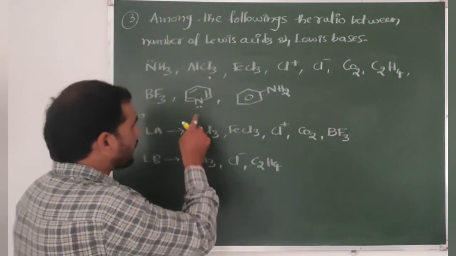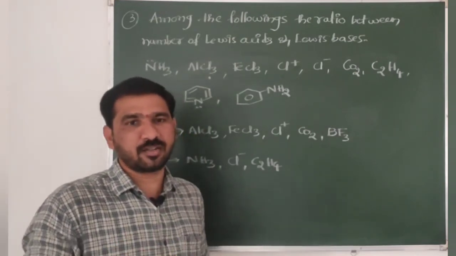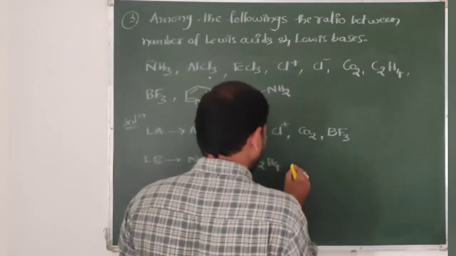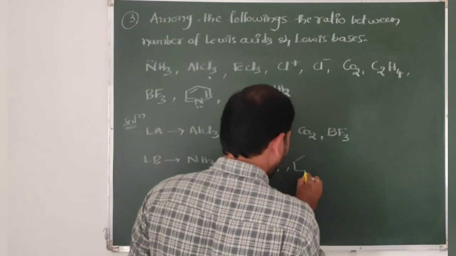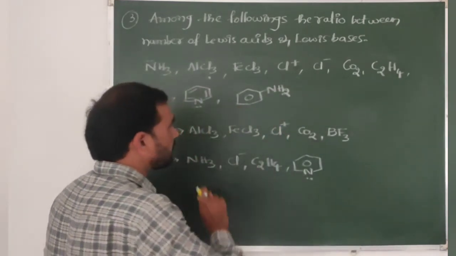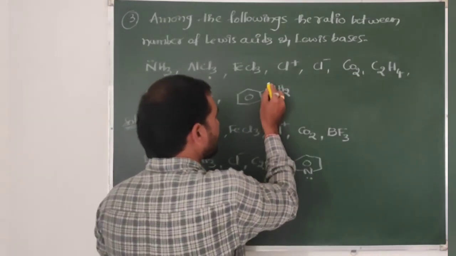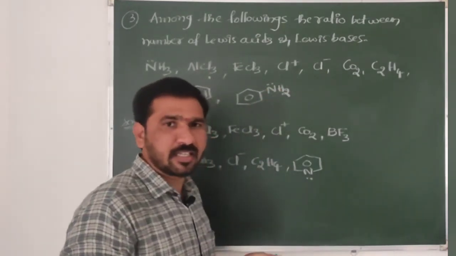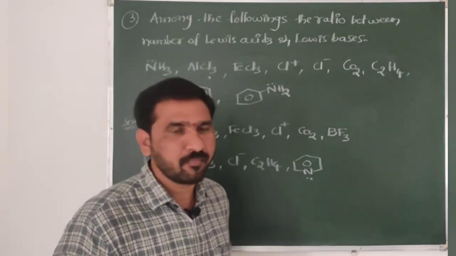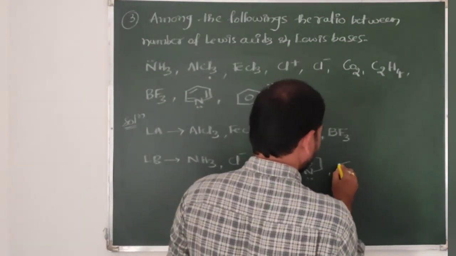So the electron pair over nitrogen is in a free state, ready for donation. That is a base, so that is the Lewis base. Right? Then what about aniline? Here, over nitrogen one pair of electrons is ready for donation. Generally amines are basic in nature, no, beta? So this is also basic in nature, so it is a Lewis base.